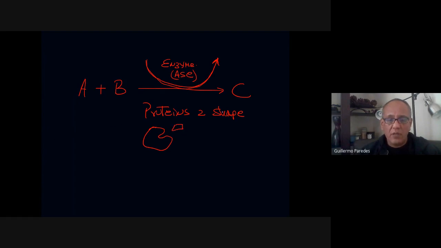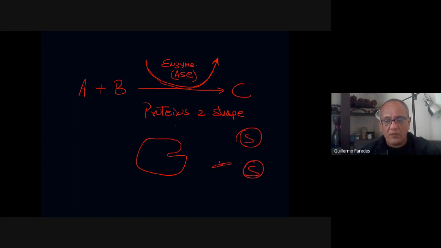For example, if this is the enzyme that is a protein, right? So these are the substrate, and they have another substrate here. So which one is going to react with the enzyme? The one that has the same shape. The other one is coming here trying to get in, but it is not able to react. So the enzyme will not help to accelerate. Okay? All right. So that is number one.